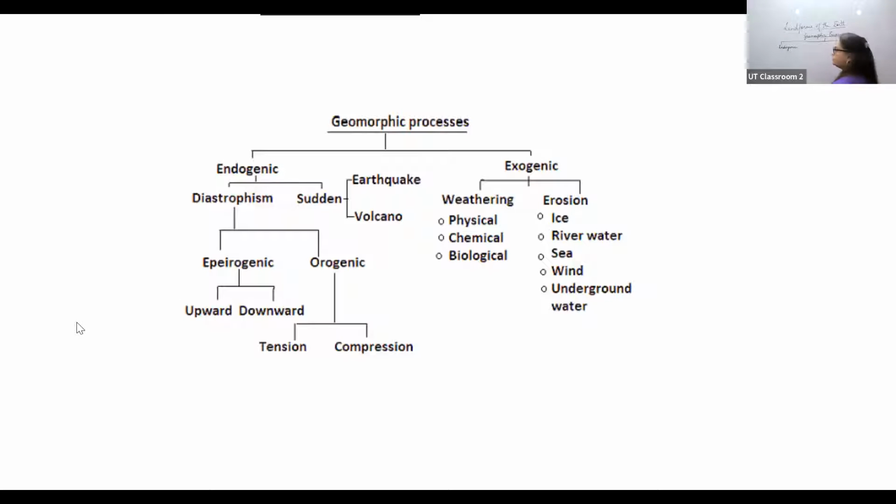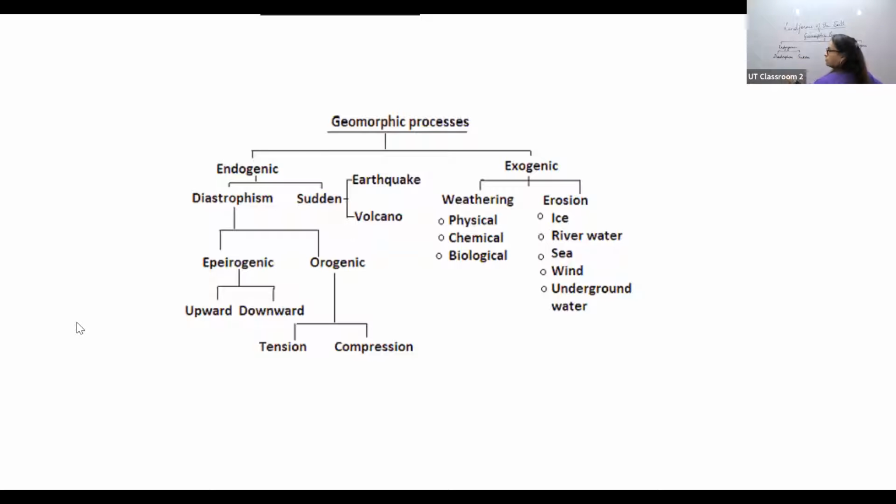Then under endogenic, you have diastrophism and you have sudden.